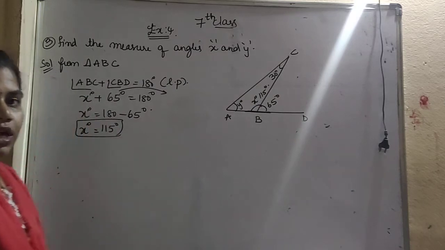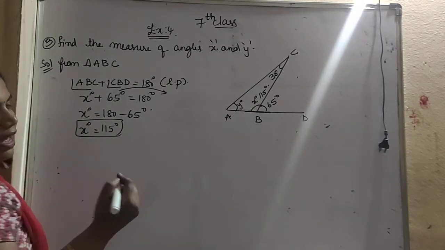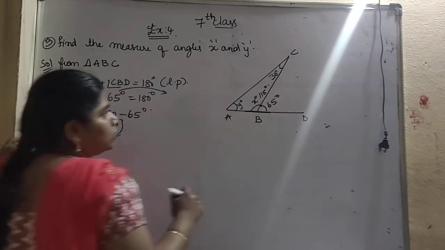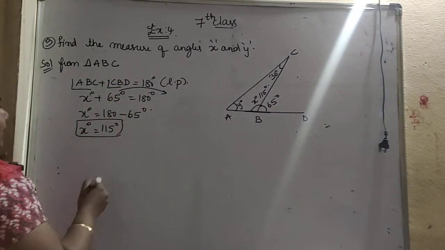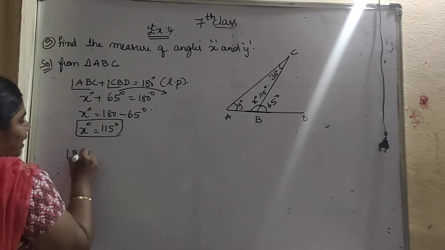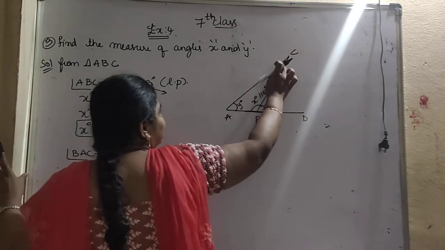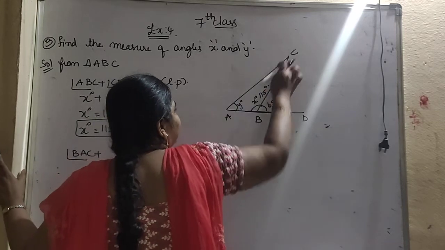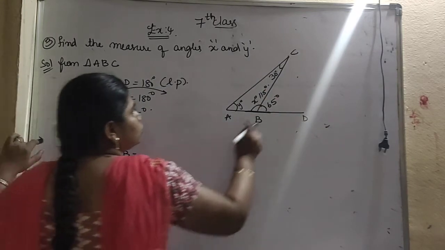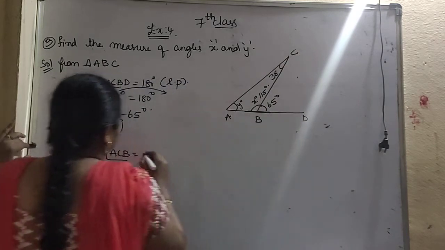I am using exterior angle property, that is if you add these two, that should be equal to 65 degrees. So angle A we can write as BAC plus angle C can be written as ACB should be equal to CBD.